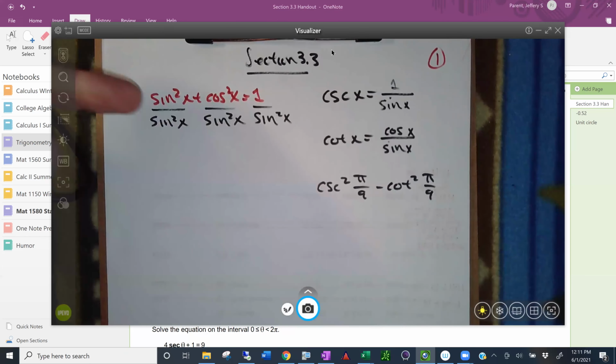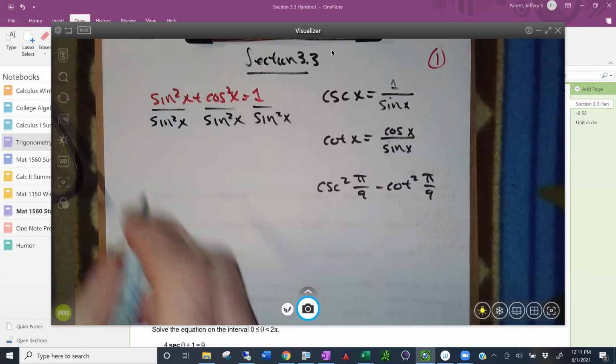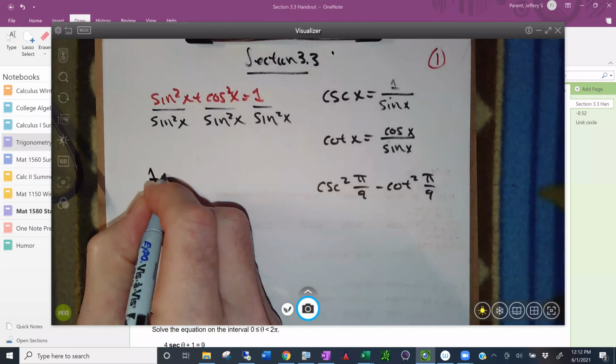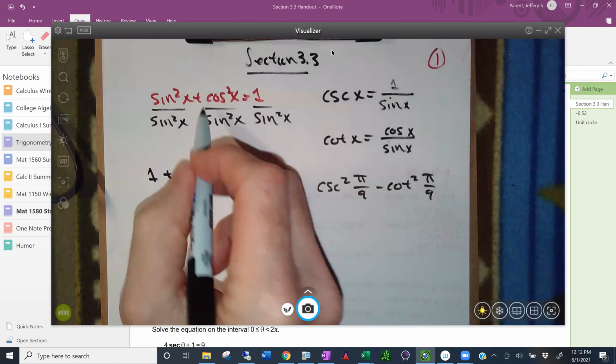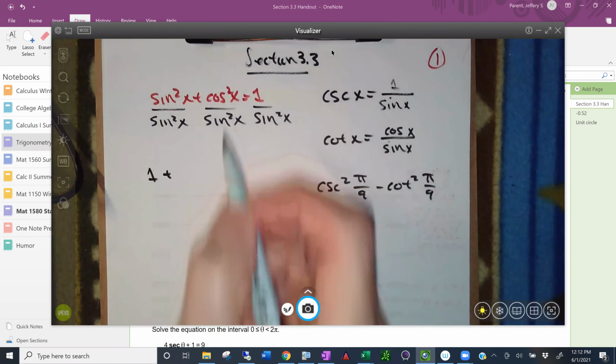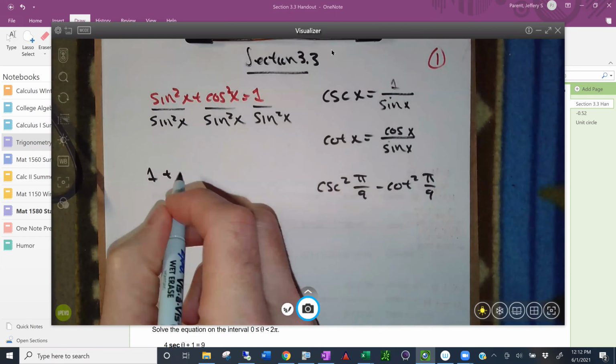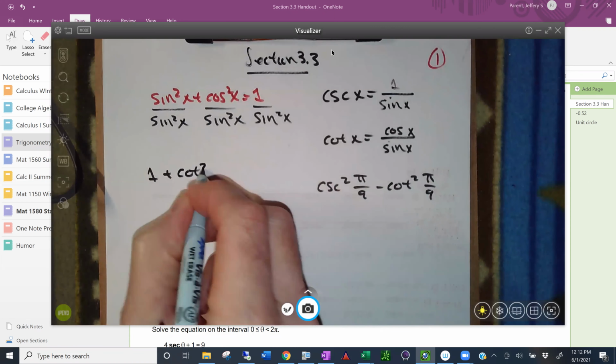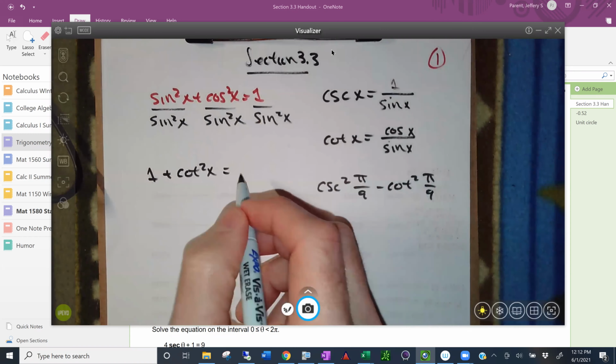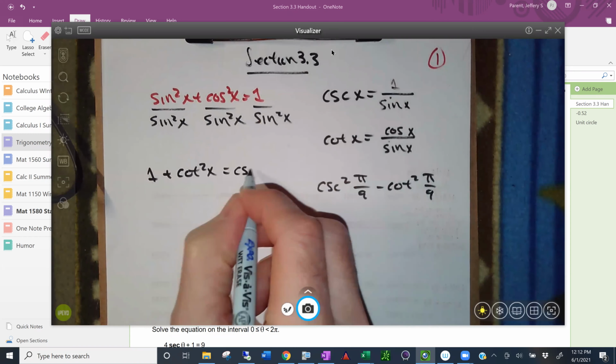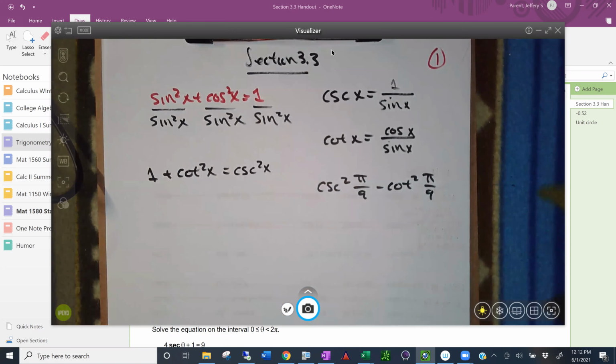Well, the first term should be pretty simple, right? That's just going to be a 1. Plus, what term do I get here? Cotangent squared. Cotangent squared equals cosecant squared.